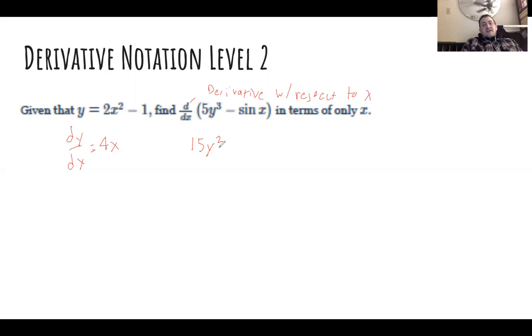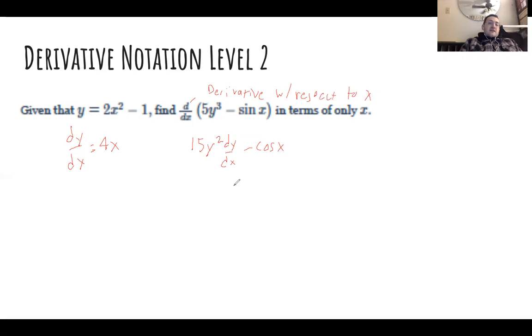Now notice, I took the derivative of y, and y depends on x. So this is why I have to put a dy dx. And then on this one here, I have the derivative of sine of x, which is cosine of x. Now I don't have to write dx dx because this is already in terms of x.